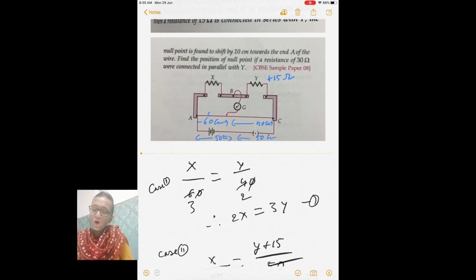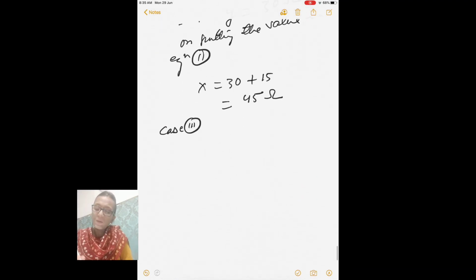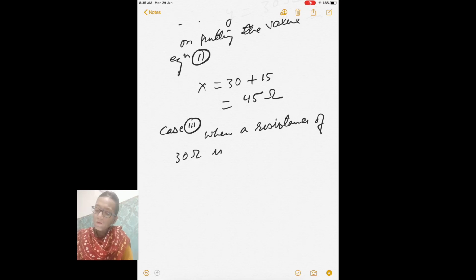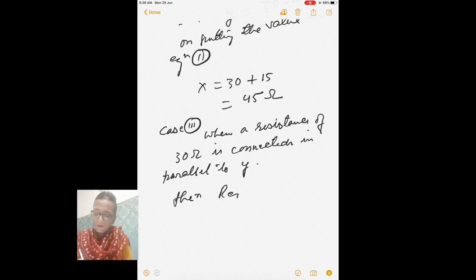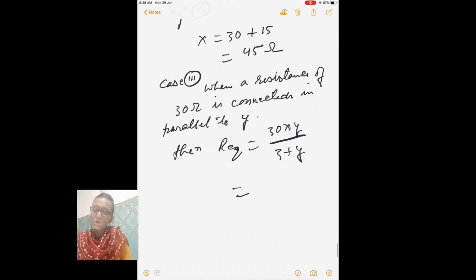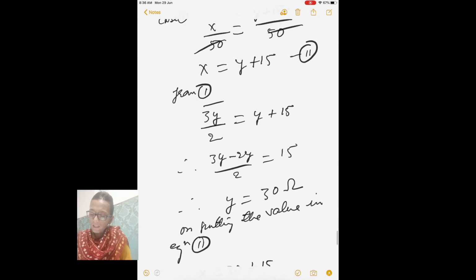When a resistance of 30 ohm is connected in parallel to y, then R equivalent is equal to 30 into y upon (30 plus y), and this will come equal to 30 upon 2, means 15 ohm.